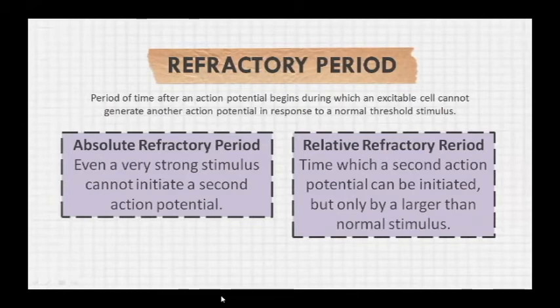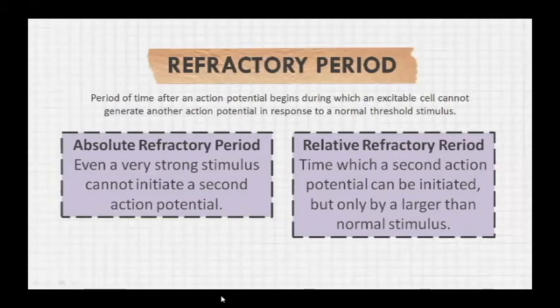There are two kinds: the absolute refractory period and the relative refractory period. In the absolute refractory period, even a very strong stimulus cannot initiate a second action potential, while the relative refractory period is the time in which a second action potential can be initiated, but only by a larger than normal stimulus.